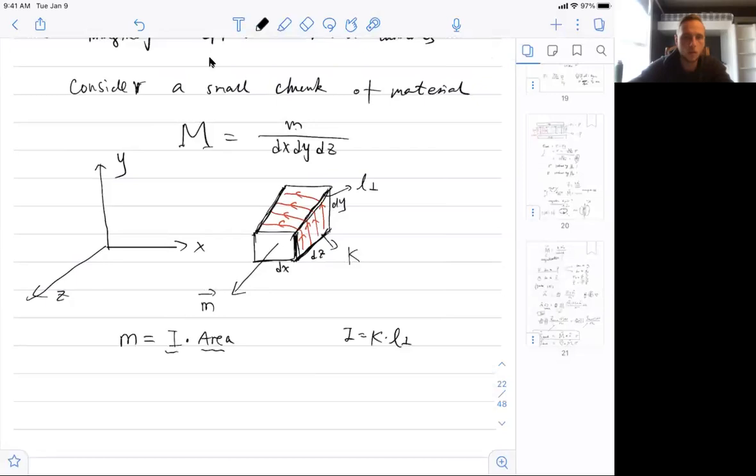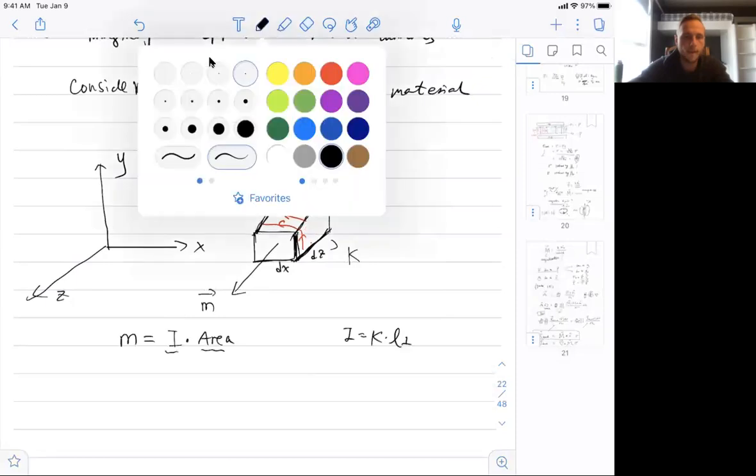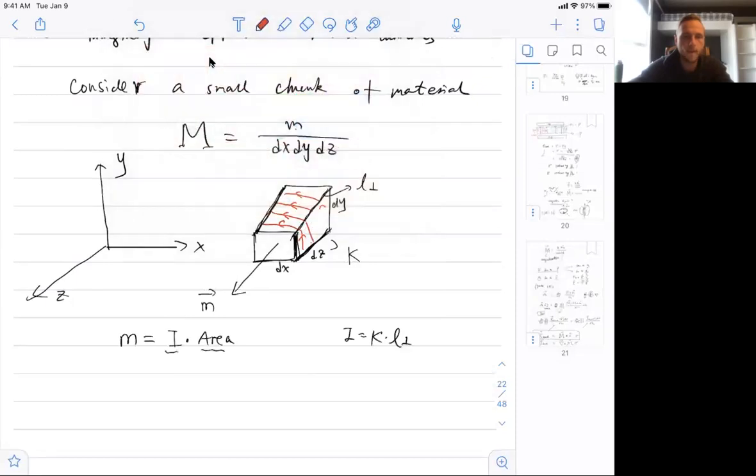Okay, let me draw this a little bit better. This is my surface current. It should be perpendicular to this leg. And what is this leg? It should be dz. Yes, it is dz.